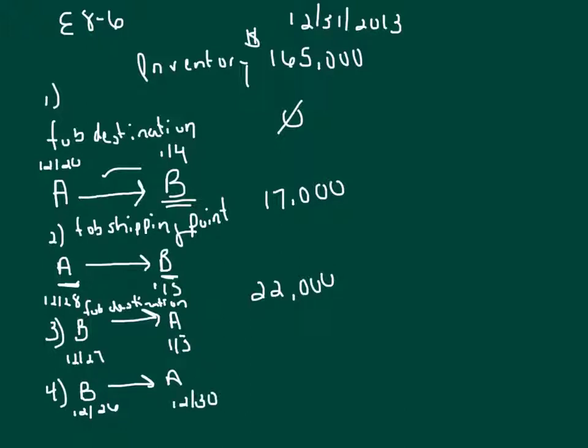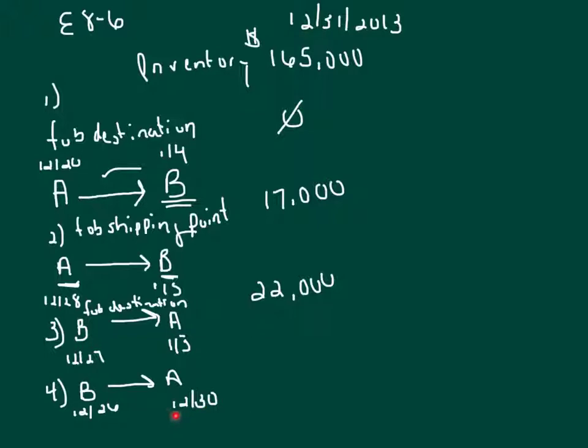Looking again at FOB destination, we knew that we couldn't take them out of inventory on 12/26, but they were received by 12/30, and we're focused on understanding what inventory should or should not be included as of 12/31.